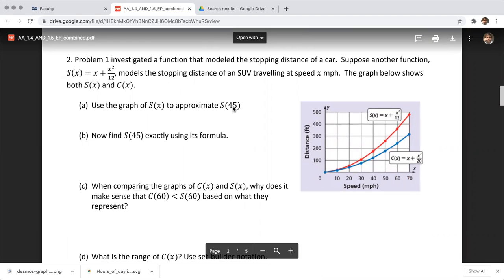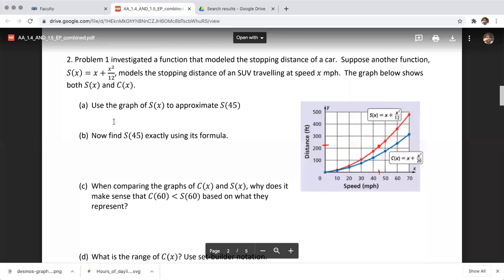So 45 is my input. I am going to come over here to 45 and go up to S of x and find a point approximately on there. And it looks like my y value is maybe about, I don't know, let's say 220.